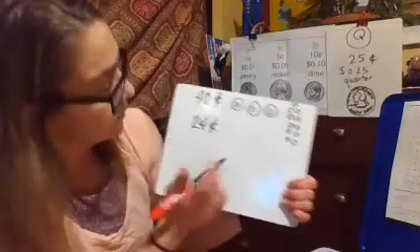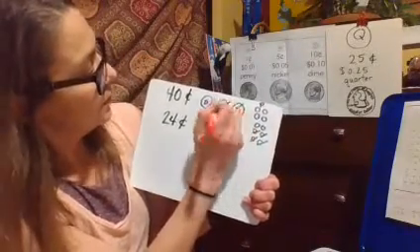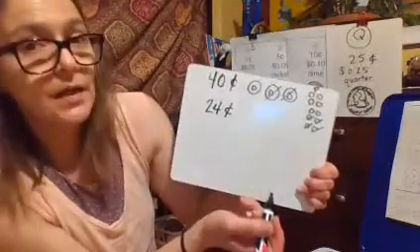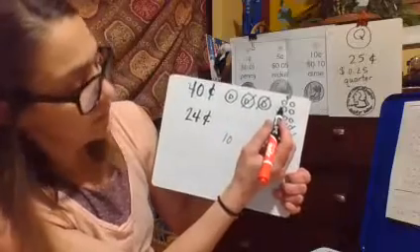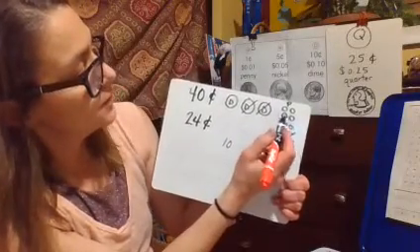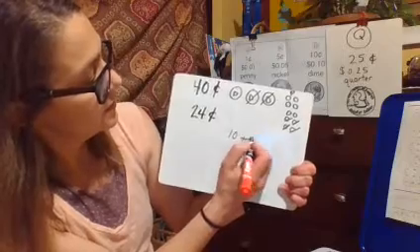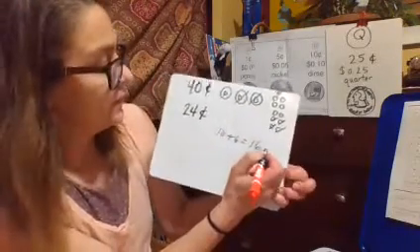And she gives away 24, so we would count 1, 2, 3, 4, 1, 2. So how many does she have left? Well, now we can count them. We have 10, and then we're going to count on. 11, 12, 13, 14, 15, 16. So she has 16 left.